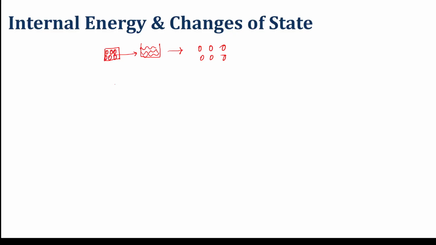Now the first thing, as you can see, the particles start moving around when the state changes. So internal energy, moving around. Which energy is responsible for moving around? Yes, you're right, kinetic energy. Now because the particles start moving around, when would they start moving around? What makes the particles go faster?